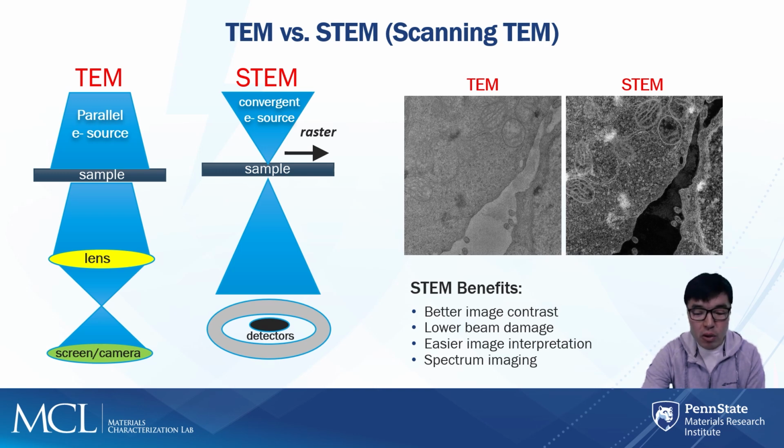We can have all kinds of detectors below the sample to form different STEM images. At the same time, we can collect both EDS and EELS signals from every part of the sample when the probe is scanning through.